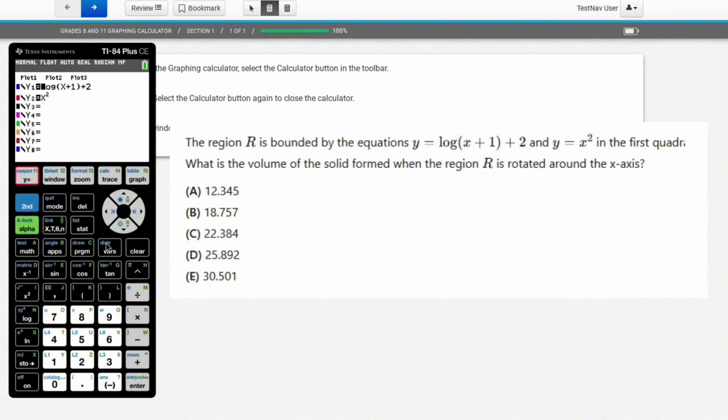Let's go back here. I don't need this anymore. Clear, clear. Now, I'm going to throw pi in front of everything. Pi. Okay.